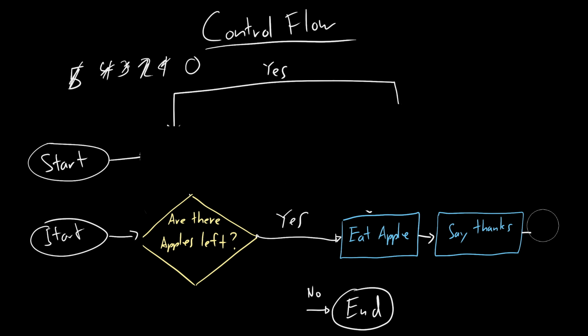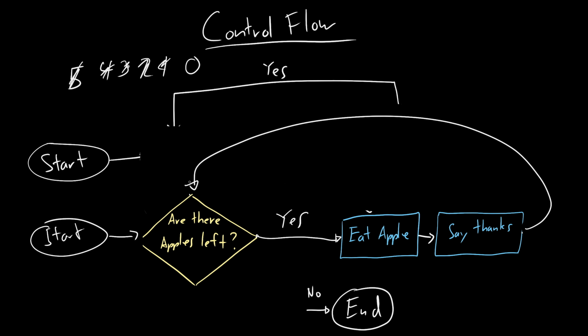And then after I say thanks, I actually ask the question again. And then if there are no apples left, then I will go straight to the end. So as you can see, if there are 0 apples, then it's gonna go straight to end. And if there are apples, it's gonna go eat apples, say thanks. And then after say thanks, it will ask the question again. For example, if you ate the last apple right here, so it becomes 0, and then you ask, are there any apples left? No, and then it's going to end it.